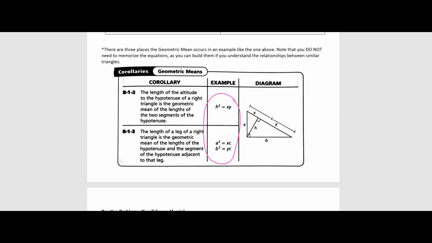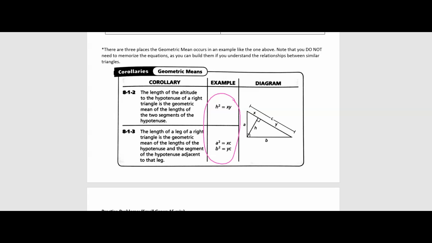And I just find that the brain space it takes to memorize these generally isn't worth it. The similarity ratios and the proportions that we come up with, we use far more often, so those are more ingrained in our heads, which means we can apply them easier.